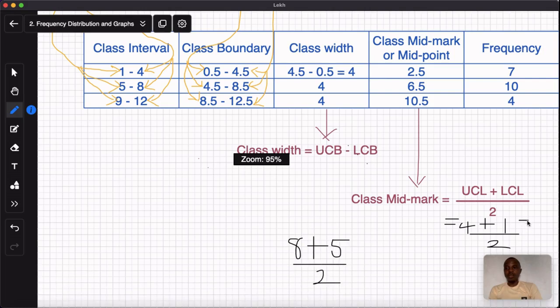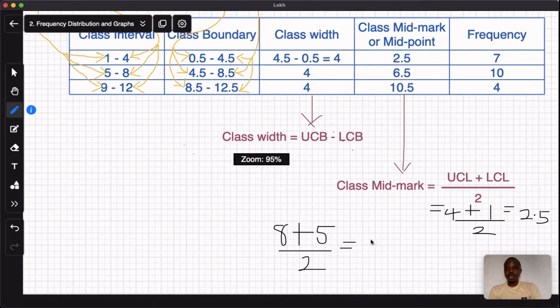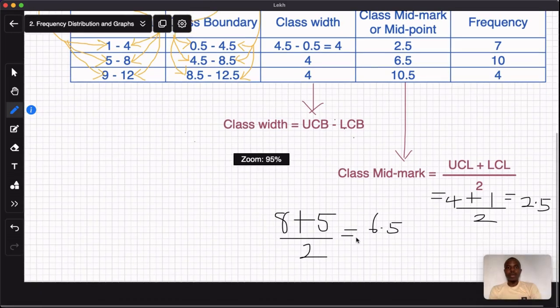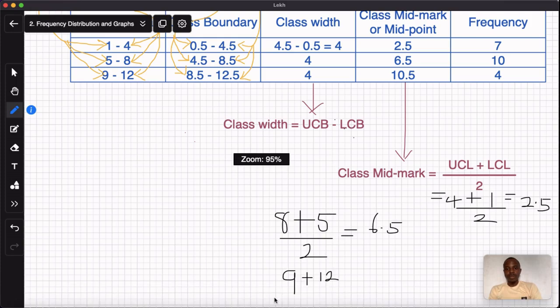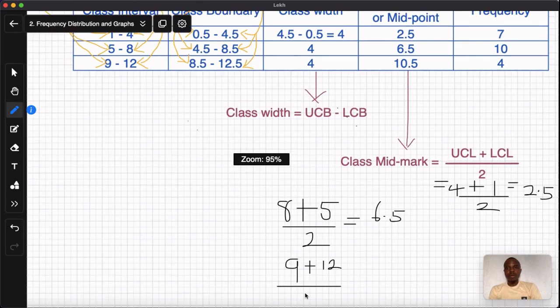The first one gives us 5 divided by 2, which is 2.5, which you are seeing here. The second one is 13 divided by 2, and that gives us 6.5, and that's what you can see here. The next one, if I had written it, would be 9 plus 12 divided by 2, which is 21 divided by 2, and that gives you 10.5.